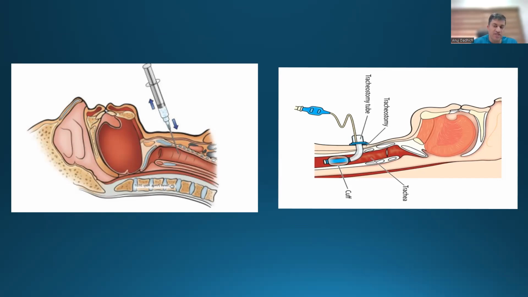A more definite procedure is a tracheostomy. Tracheostomy is surgically creating an opening in the anterior wall of trachea so as to allow passage of a tube, and through that tube the patient can easily breathe, bypassing the upper airway. So whatever obstruction is there above, tongue pressing against the palate, tongue pressing against the pharyngeal wall, everything is bypassed and now the patient is breathing through the tracheostomy.